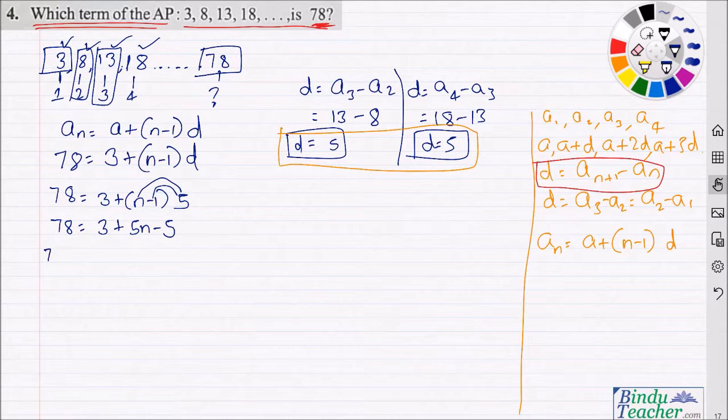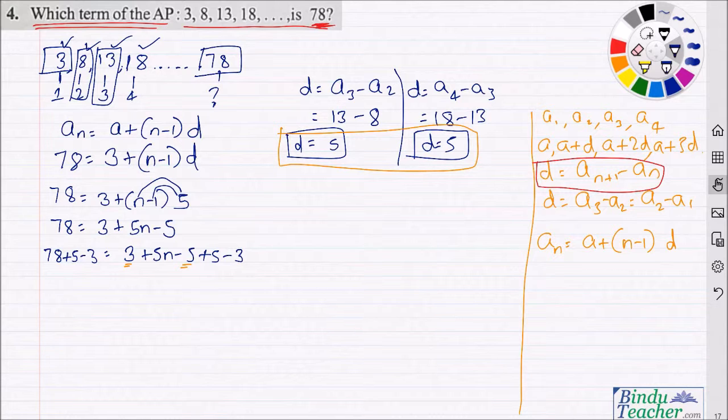So we write 78 equals 3 plus 5n minus 5. Now I want to remove minus 5, so I will write plus 5, and whatever I do on the right side of the equation, I'll repeat on the left side of the equation. Similarly, I want to remove the plus 3 here, so I'll write a minus 3 here. That same I'll repeat here also. Now the equation is balanced.